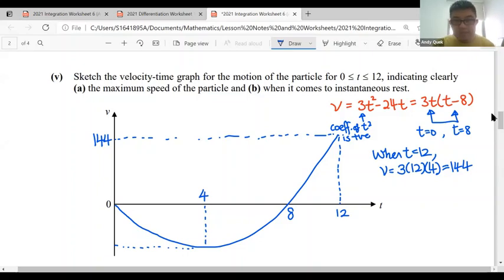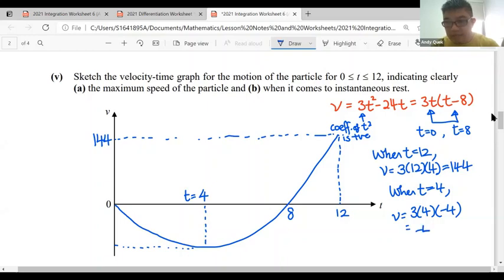A quadratic curve has a line of symmetry. t equals to 4 is the line of symmetry. Let's do another calculation. When t equals to 4, velocity is minus 48.